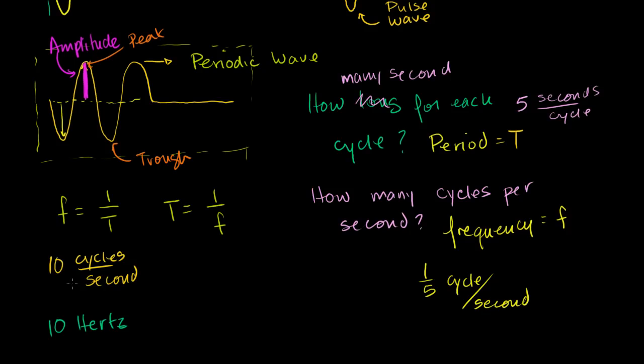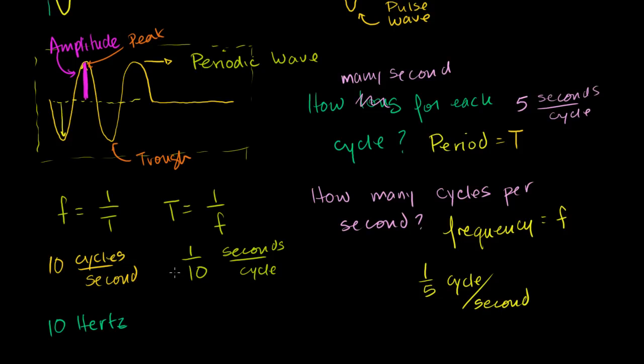If my frequency is 10 cycles per second, my period is going to be 1 over that. So 1 over 10 seconds per cycle, which makes sense. If I can go up and down, a whole up, down, back again, 10 times in a second, it's going to take me 1/10 of a second to do it each time.